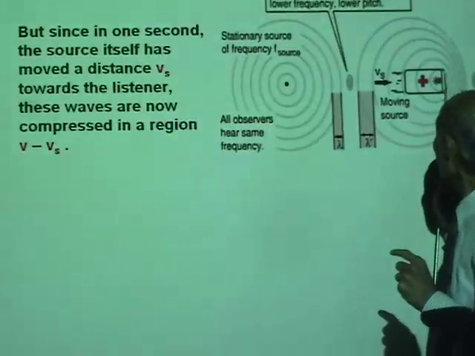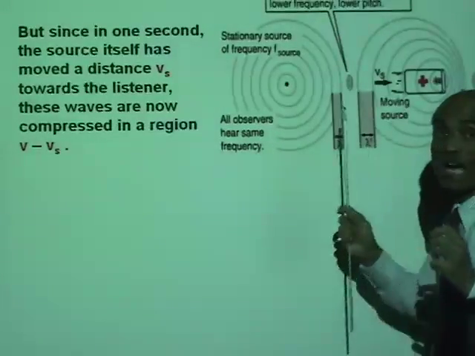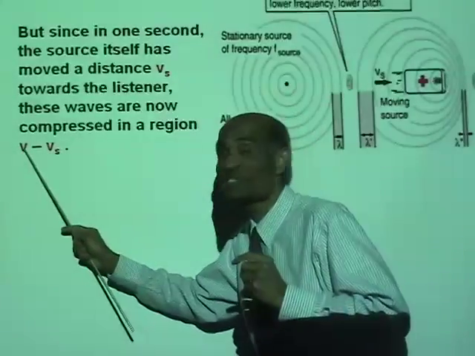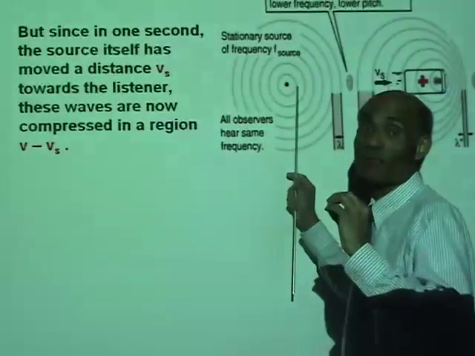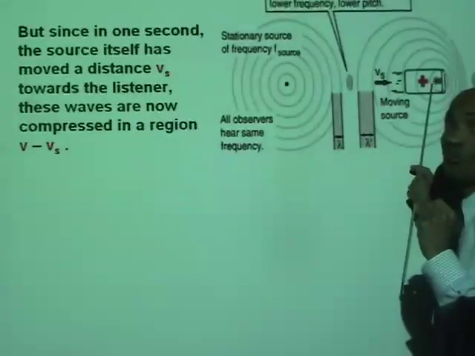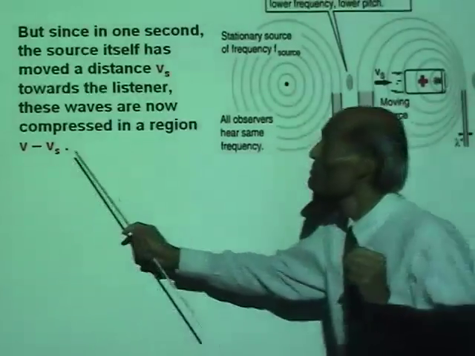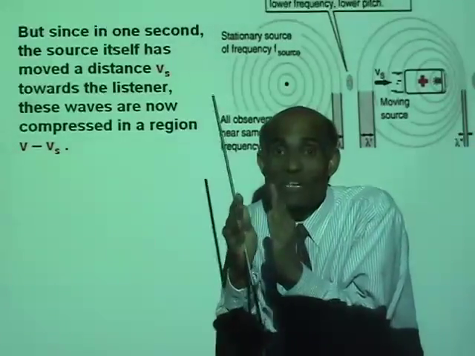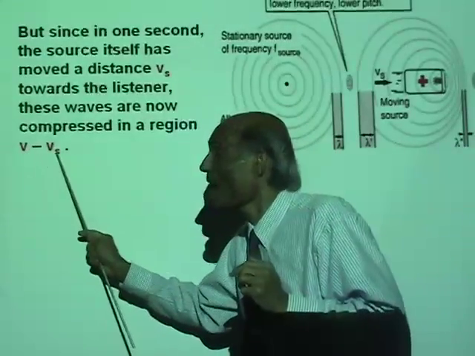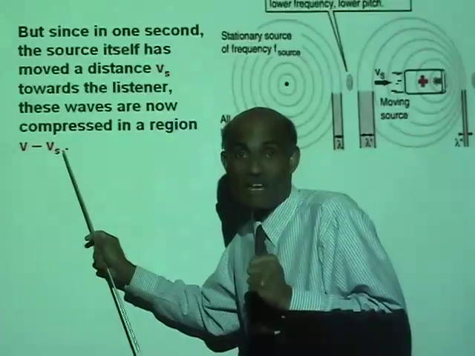So all the waves produced by the source are spread out in a distance V if the source is not moving. There you are. But when the source is moving to the right with a speed Vs, all those waves are now compressed in a region V minus Vs. You understand that, don't you?